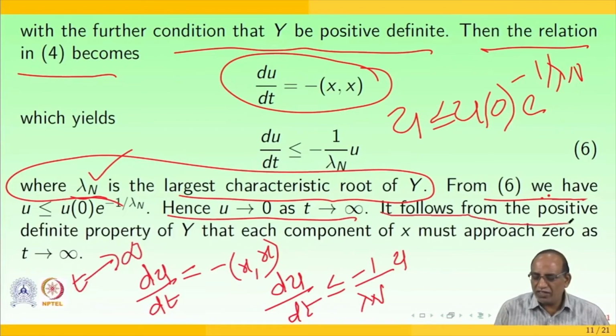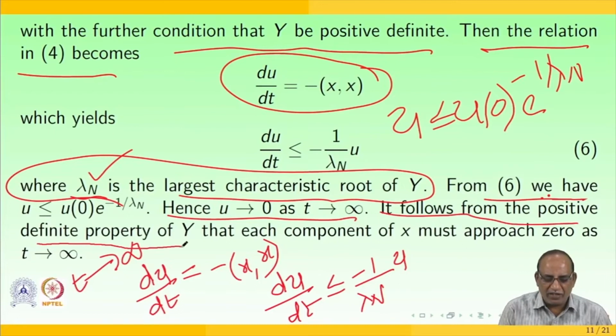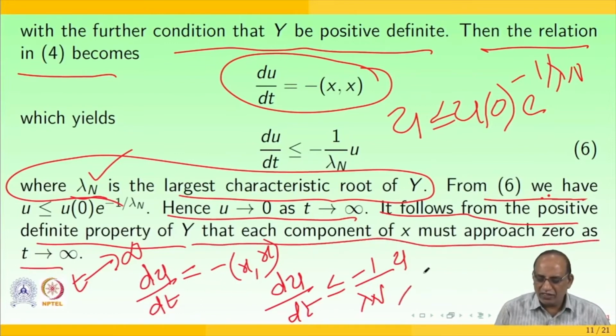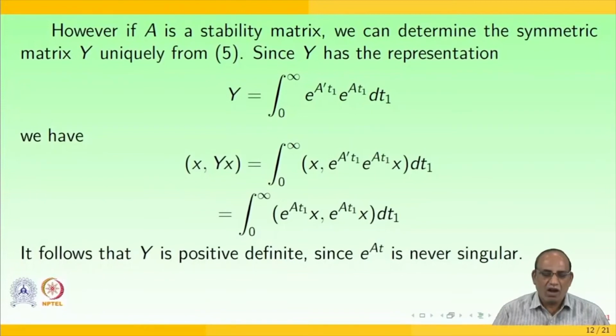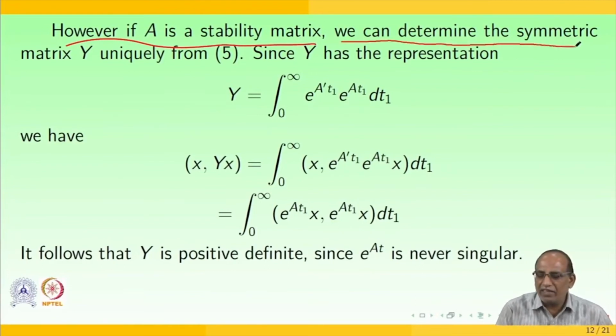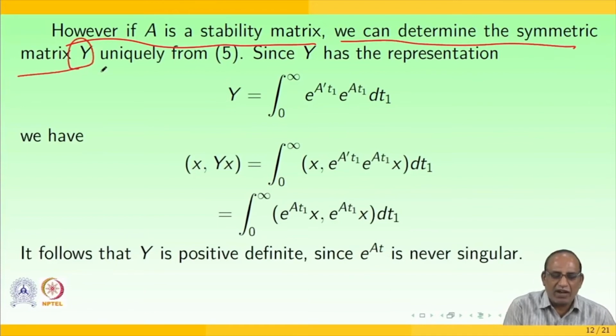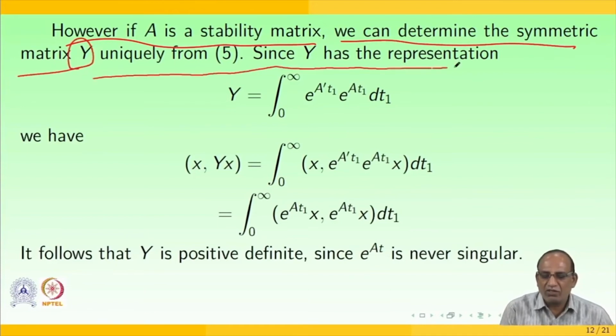It follows from the positive definite property of Y that each component of x must approach 0 as t tends to infinity. However, if A is a stable matrix, we can determine the symmetric matrix Y uniquely from equation 5.